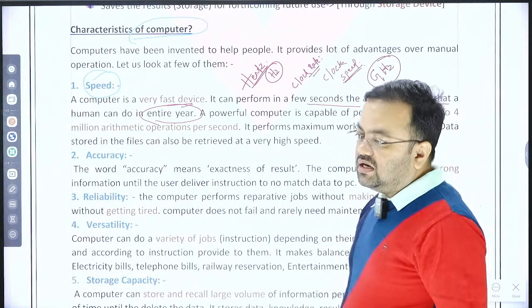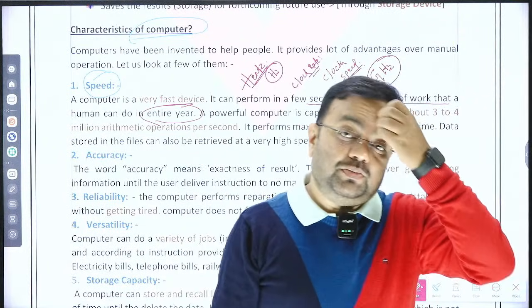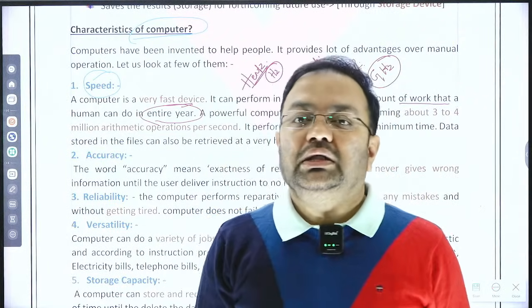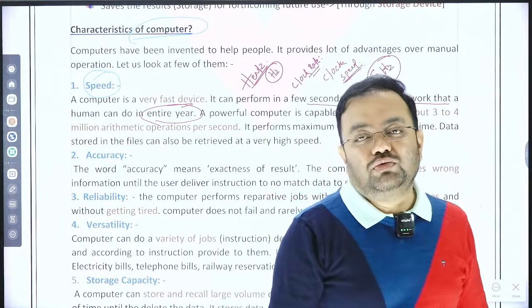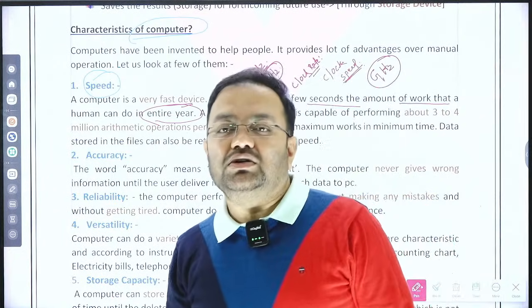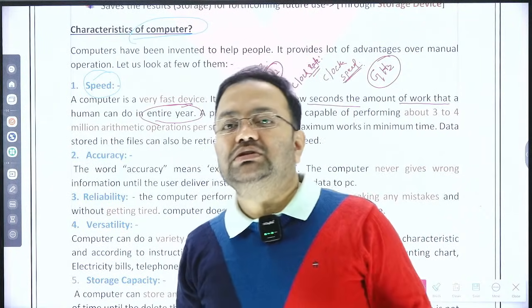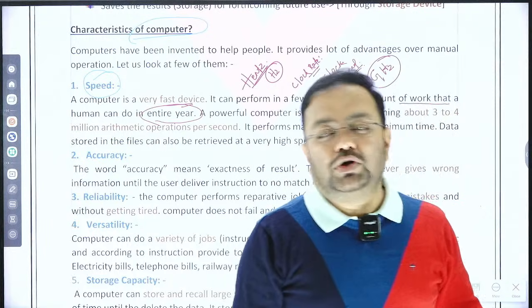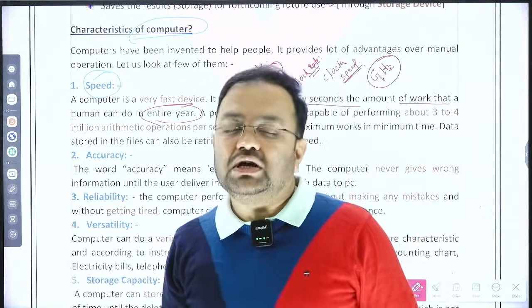So if the question is the unit that is used to measure the speed of CPU in our personal computer, then simply we choose hertz, and the latest unit we are using is GHZ, gigahertz. For example, 3.2 gigahertz processor, 3.6 gigahertz processor, 4.2 gigahertz processor, 4.5 gigahertz processor, 4.7 gigahertz processor.